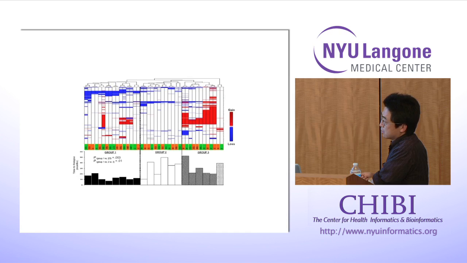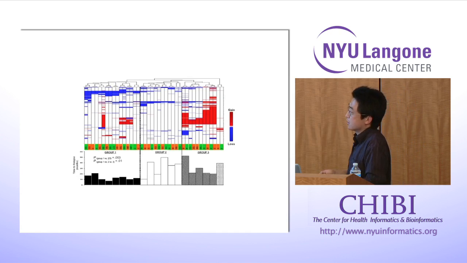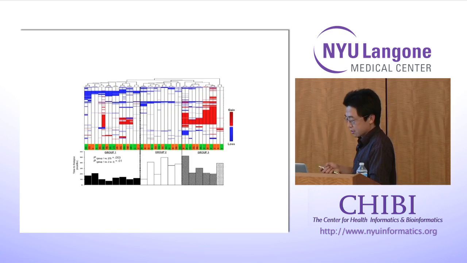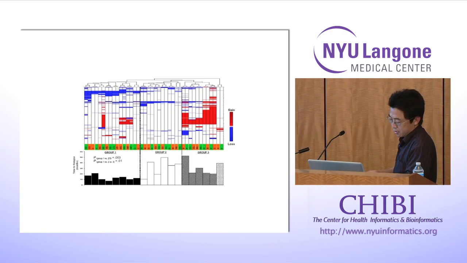In this case, it's the time to relapse, from diagnosis to relapse. So there is some correlation related to the copy number status. Each subpopulation or subgroup of patients shares some copy number variants.